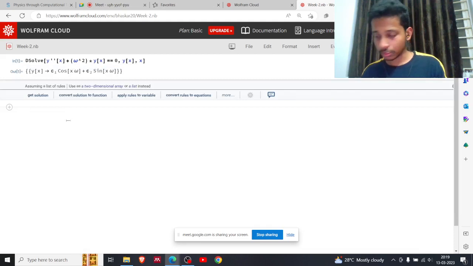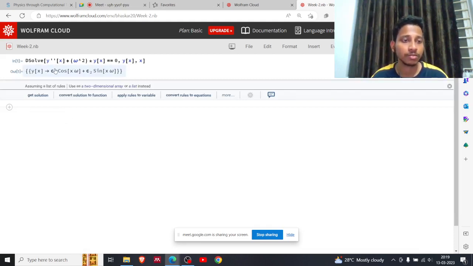So here you can see that the solution for this simple harmonic motion is y of x equal to c1 cos x omega plus c2 sin x omega.